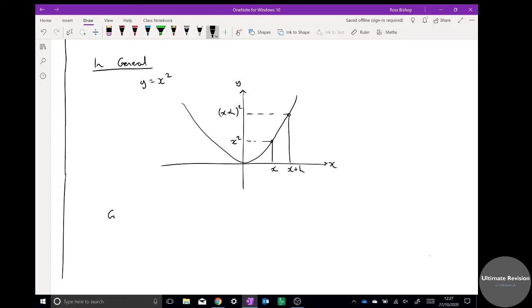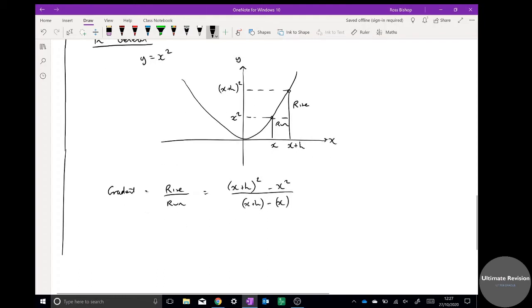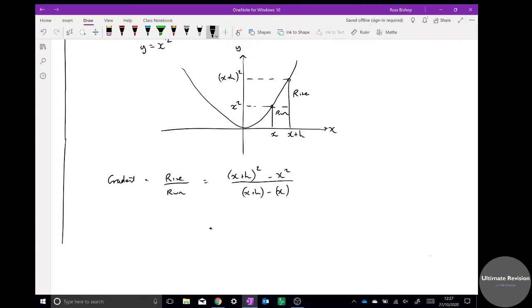Okay, so the gradient, again, is going to be rise over run. Now my rise, the difference in coordinates, is x plus h squared minus x squared, over the difference in the x coordinates, h, which equals, if I expand that, x squared plus 2hx plus h squared minus the x squared, over h.